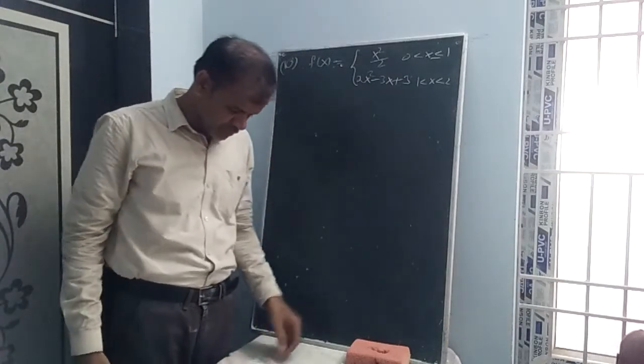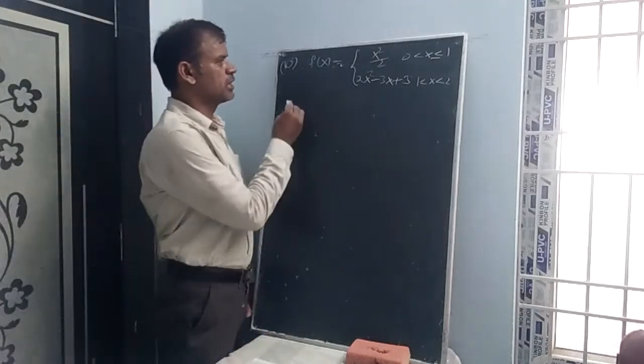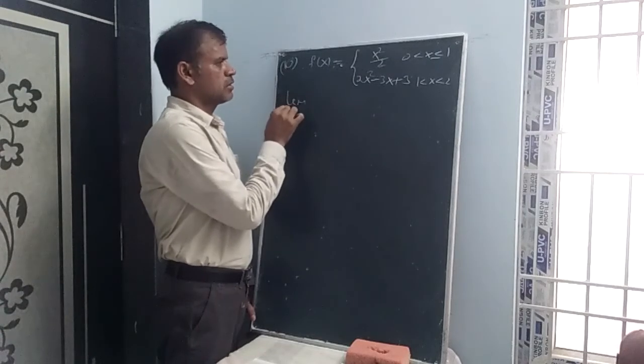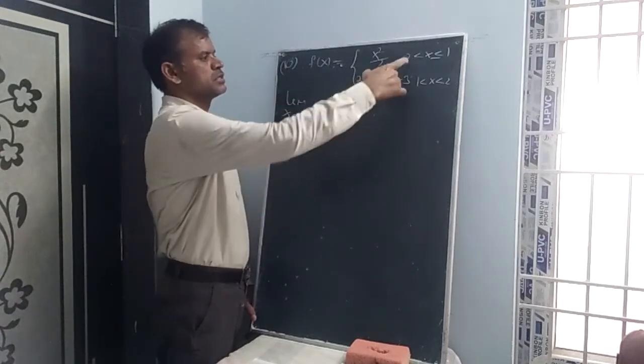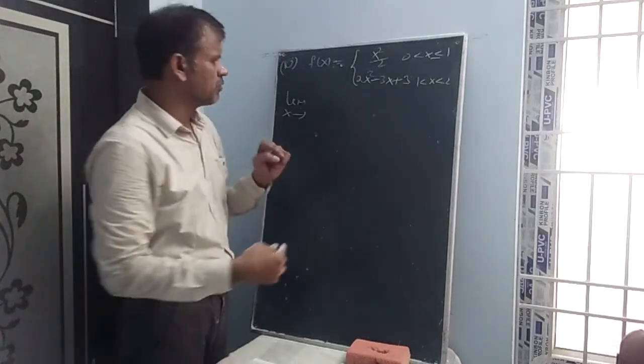Options are given as continuous, everything is discussing continuity, so no need to calculate the derivative. Directly, we can verify at 1 only.